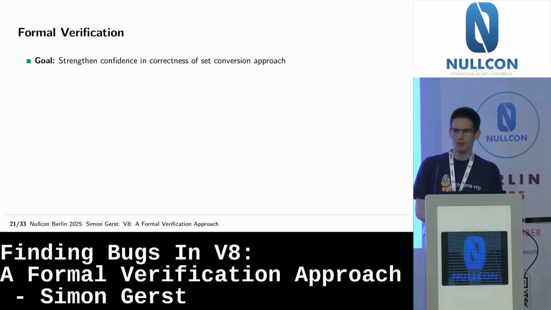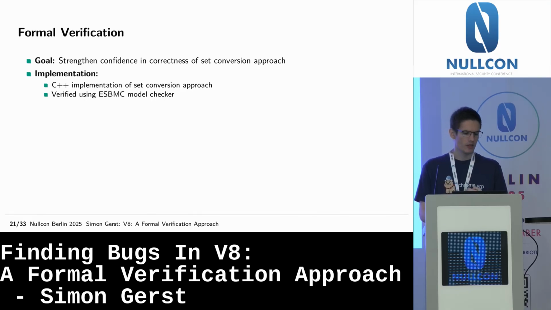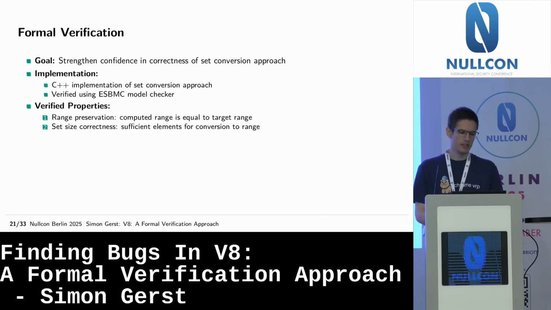And yeah, I'm not sure whether you are convinced that this works, whether it's correct, and I myself also wasn't really sure whether I have handled all edge cases or whether there's something still missing. So I wanted to do formal verification on my automatic test case generation. So I implemented it in C++ and used ESBMC again to verify it. And yeah, turns out there are 2 bugs.